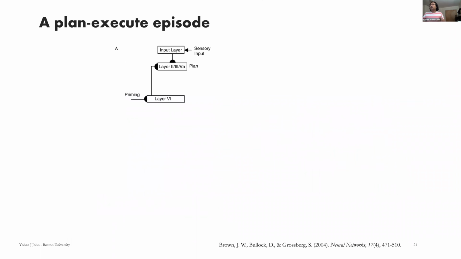Okay, so we can go look at a sweep of how a plan execute episode works. They start with priming a location, and that comes in this planning area in layer 6 first. So there's a 6 and 2, 3, 5A cooperation. And then you have the bottom-up sensory input also coming in. And from there you have some input also going to layer 5B, which will eventually cause the execution.